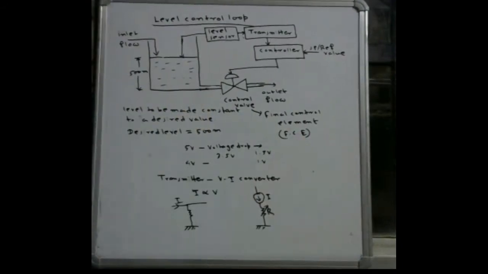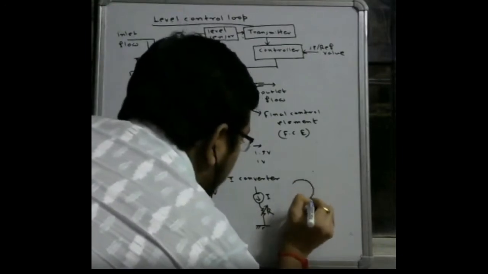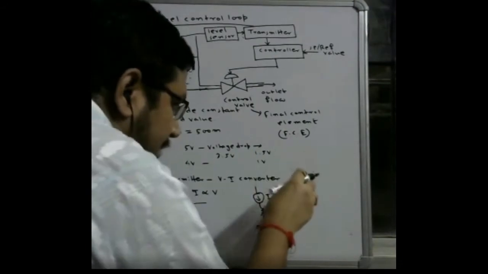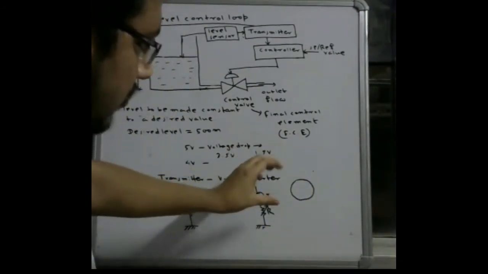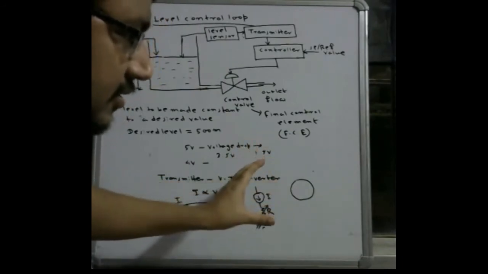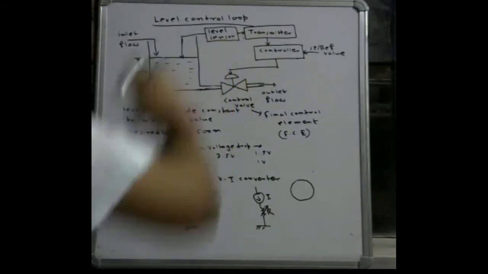So what is this control valve? Basically inside this control valve there is a hole, a circular opening, and the pipe is passing through this hole, and the opening can be increased or decreased, depending upon the signal which is coming from the controller.